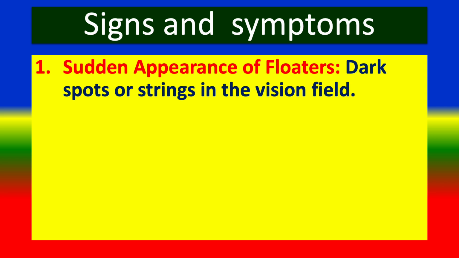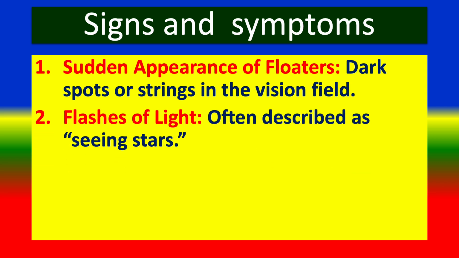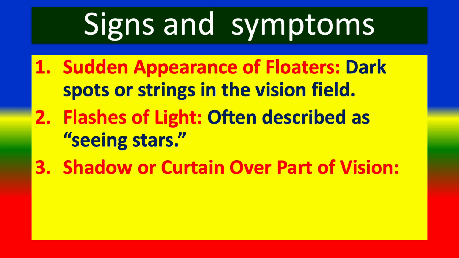Signs and symptoms. 1. Sudden appearance of floaters, dark spots or strings in the vision field. 2. Flashes of light, often described as seeing stars. 3. Shadow or curtain over part of vision.